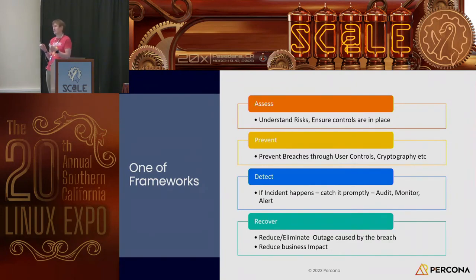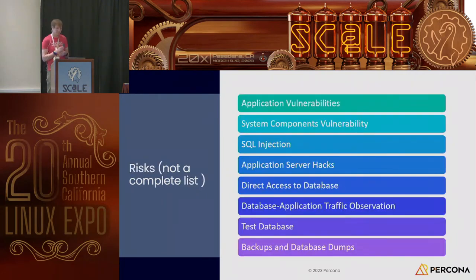Maybe you have some automatic means to detect unusual activity and shut it down, or at least alert somebody saying, it looks like they're dumping my MySQL database when they shouldn't. And then, of course, recover: if things happen, how can you resolve that problem?